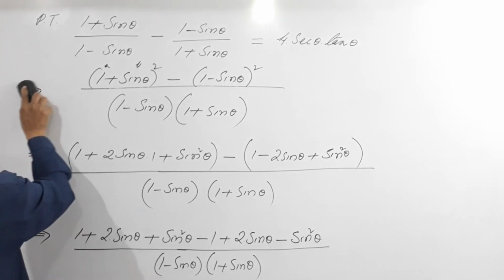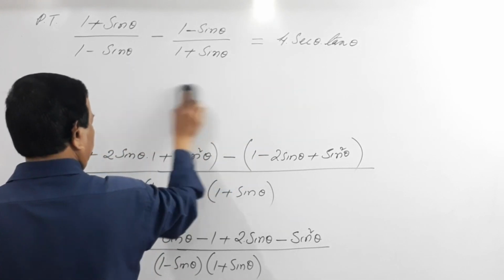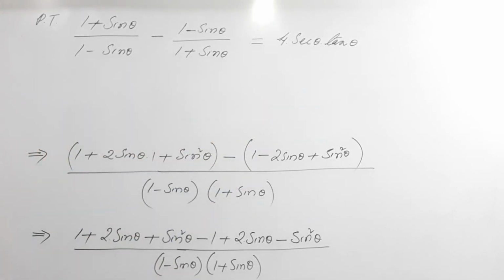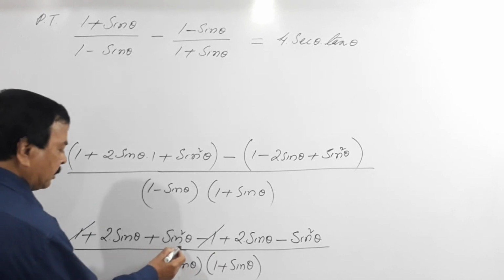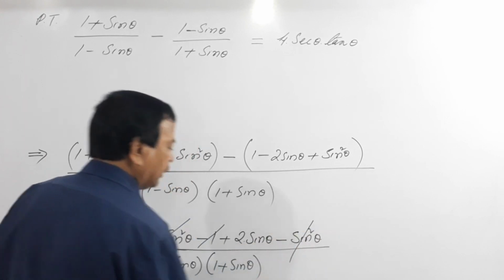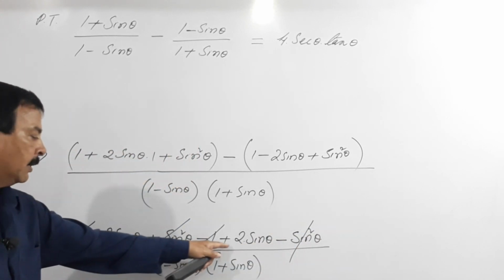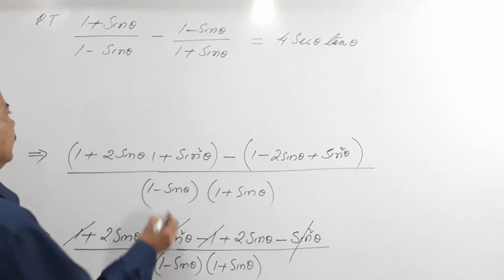I will erase this. So what happens here? Plus 1 minus 1 cancels, plus sin square theta minus sin square theta cancels. What is left? 2 sin theta plus 2 sin theta, that becomes 4 sin theta.